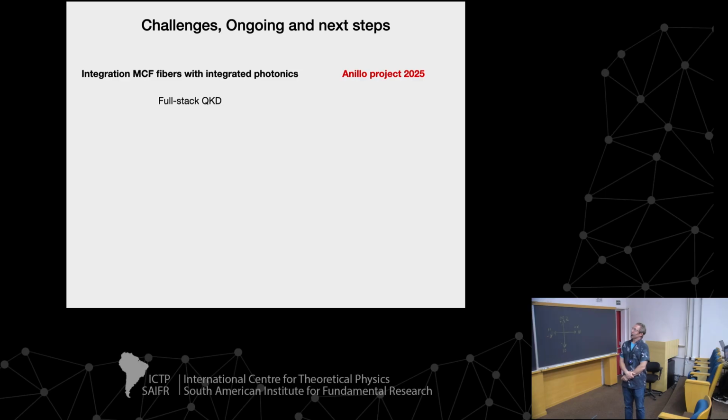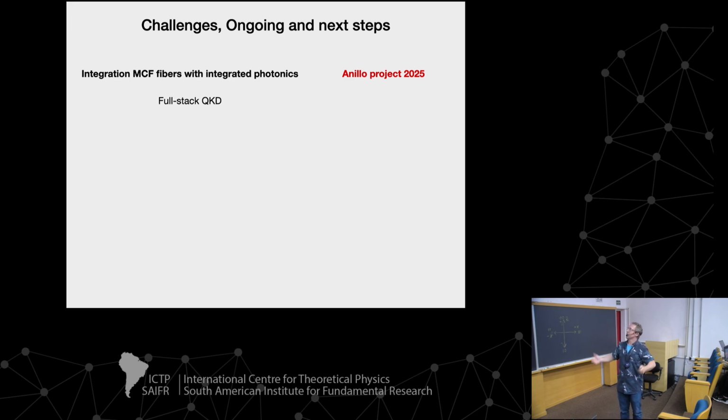I mentioned we've done this benchmarking of the multi-core fiber system for QKD. Now we just got a project approved last week. We want to do actual QKD, full stack QKD, meaning not just distributing the key, but actually using the key to connect 2 firewalls or whatever you want. So actually connect IT equipment using the system such that you can not just distribute a key, but also use it to do something.